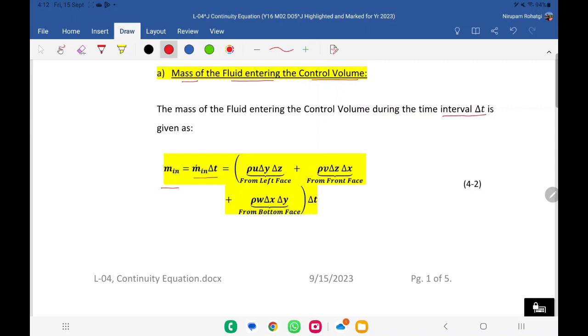The mass entering from the left face is rho u into delta y delta z. From the front face it is rho v into delta z delta x. From the bottom face it is rho w into delta x delta y. Then you multiply by delta t, which gives the total mass that has entered in time delta t.